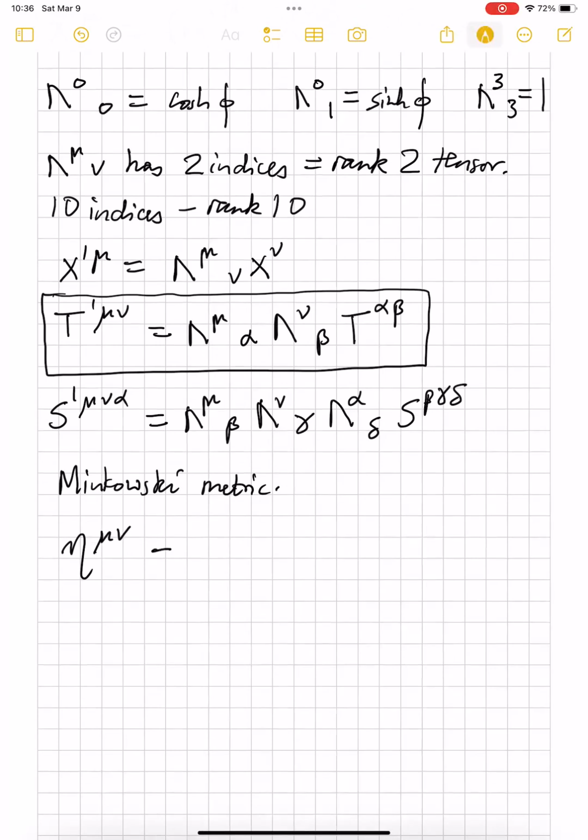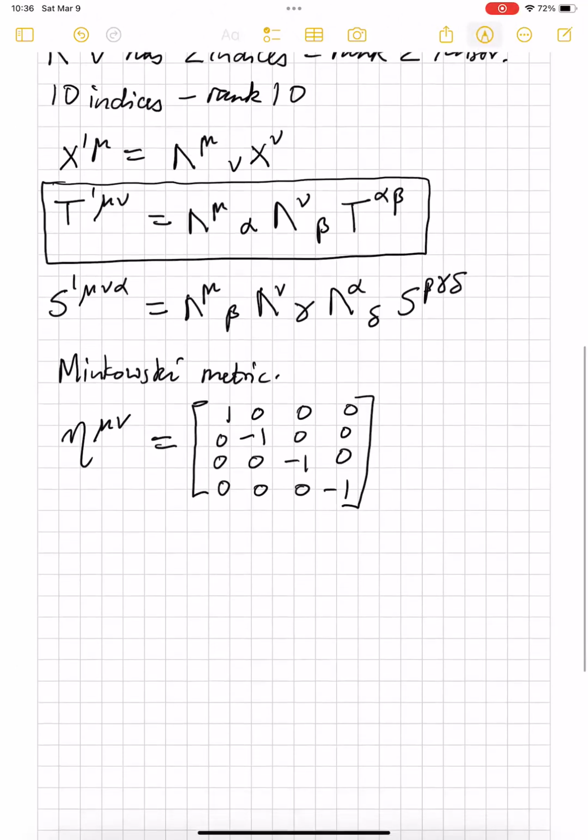So I can write it as a 4x4 matrix. Shouldn't really call it a matrix, but anyway. So eta mu nu would be given by 1, 0, 0, 0, 0, minus 1, 0, 0, 0, 0, minus 1, 0, 0, 0, 0, minus 1. So that's what eta mu nu would look like.